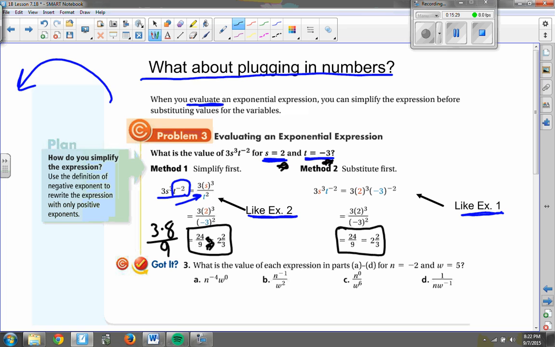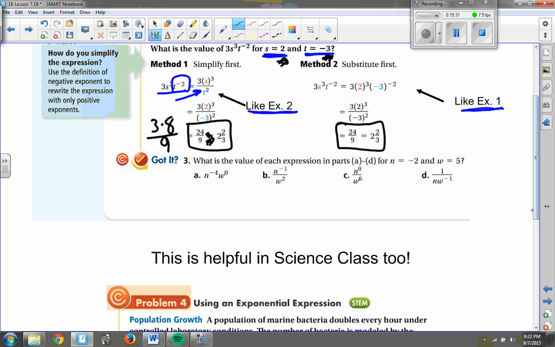Okay? When you think you understand the process of that method 1, simplifying first and then plugging in numbers, go ahead and take a look here at letter A and letter B, and I want you to find me the value when n is equal to -2 and w is equal to a positive 5.